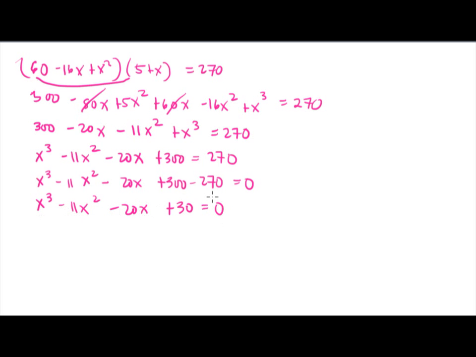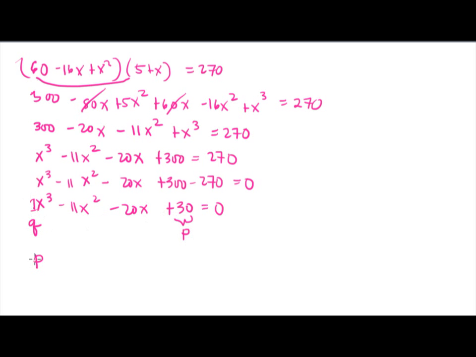Okay, and we learned from the class that we can use synthetic division to find the value of that x, but we have to consider some possible numbers, and that will be coming from the values of p and q, wherein p are the factors of 30 and q are the factors of the leading coefficient.